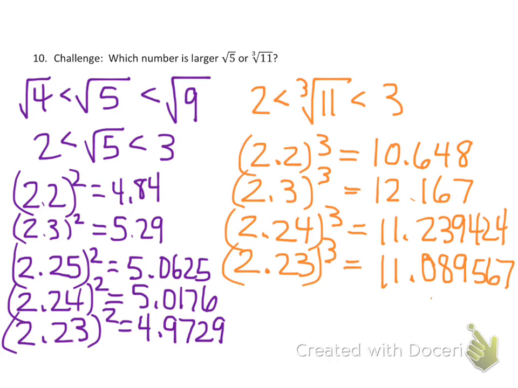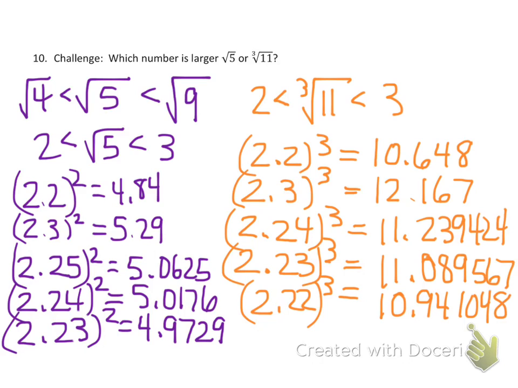So let's try one more, just as a double check, 2.22 cubed, and see what that is. 2.22 times itself times itself is 10.941048.